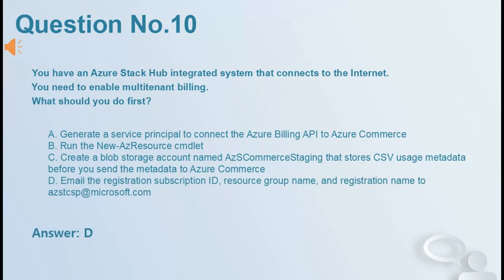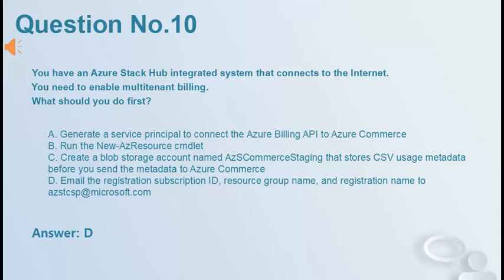You have an Azure Stack Hub integrated system that connects to the Internet. You need to enable multi-tenant billing. What should you do first? A. Generate a service principal to connect the Azure Billing API to Azure Commerce. B. Run the New-AzResource cmdlet.